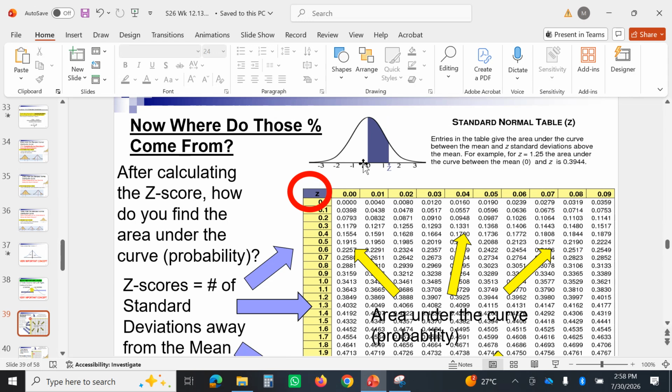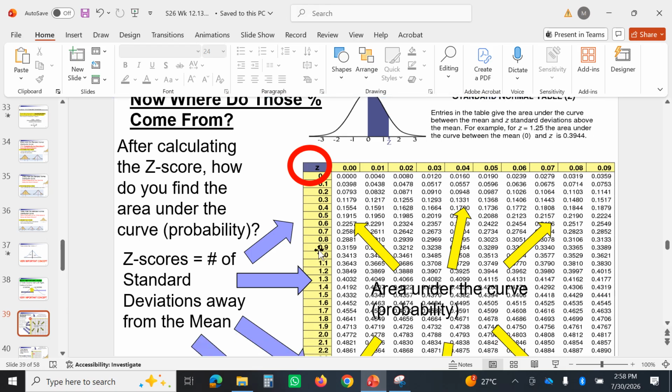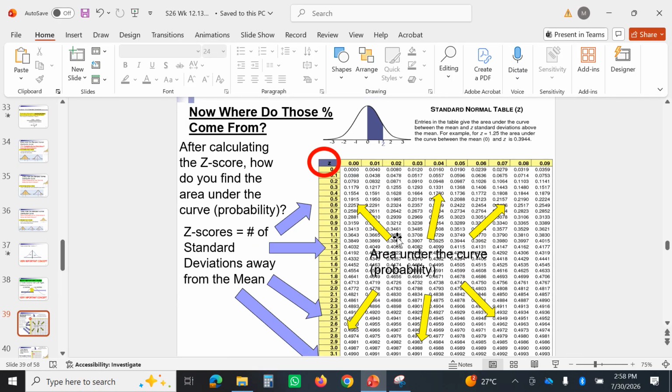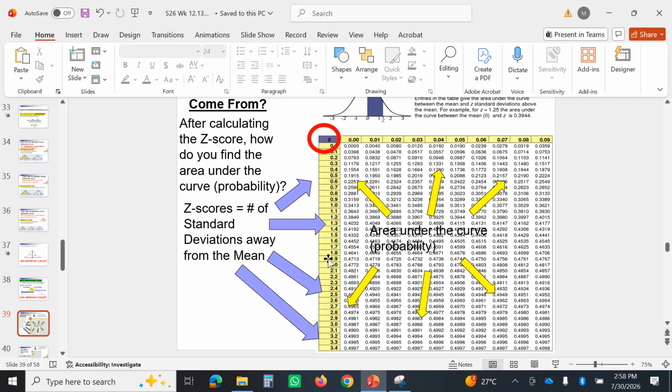There are no negative probabilities, okay? If you're trying to find the area under the curve on the negative side of the graph, acknowledge the negative, but when you have your Z-score, you change it to a positive and calculate it as such. As well, your Z-scores are along the sides.